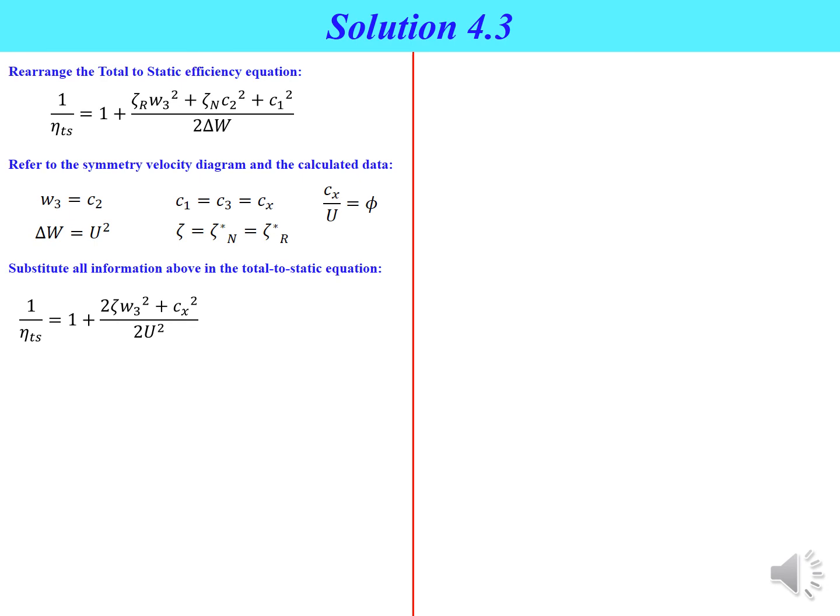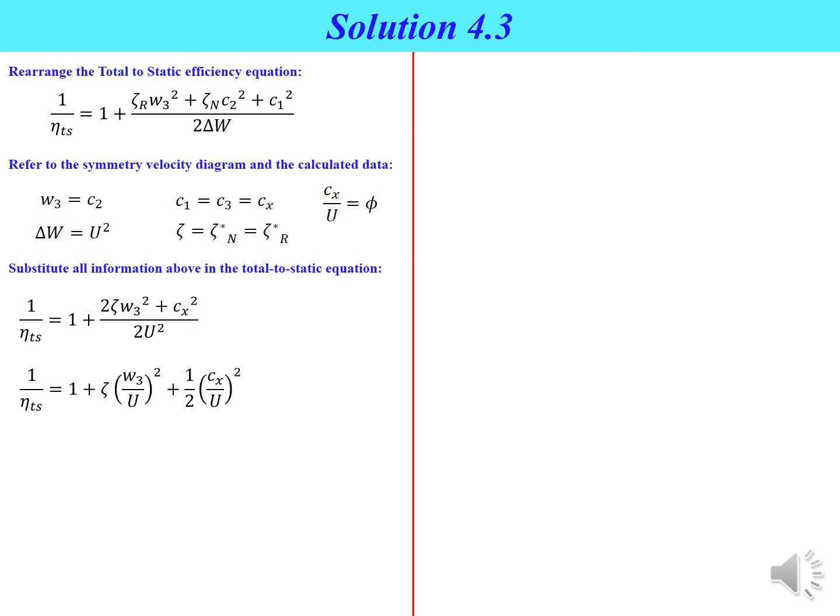And C1 equal to Cx, so that's why we have the Cx term in our new equation. And no C2 terms because we already replaced C2 with W3.